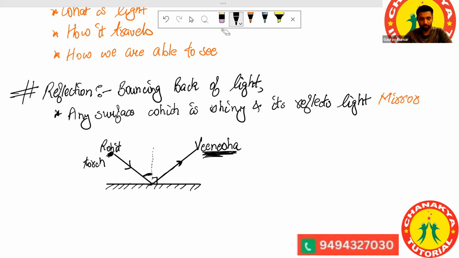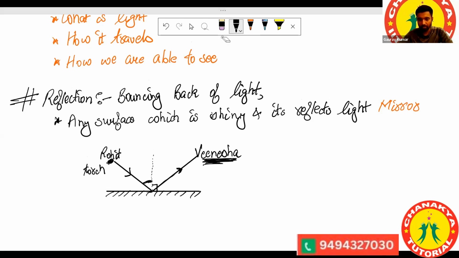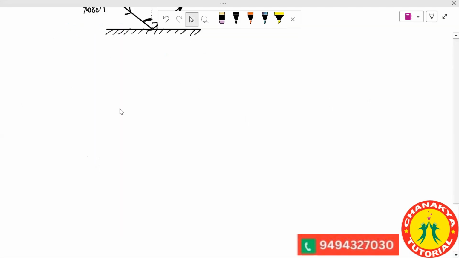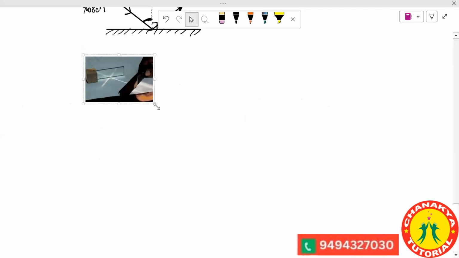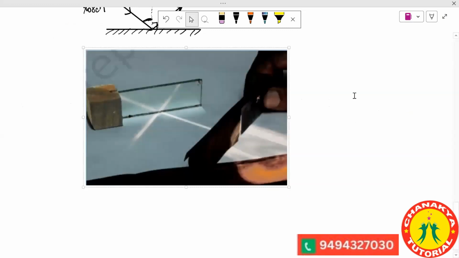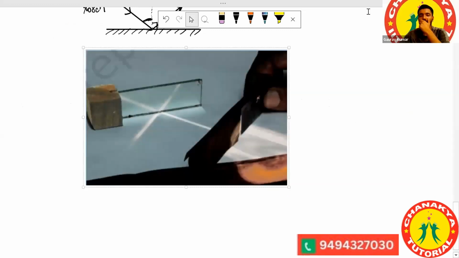So let me take some example. Have you read NCERT of this chapter? No, sir. Okay. So what we are doing here, we are holding a comb.